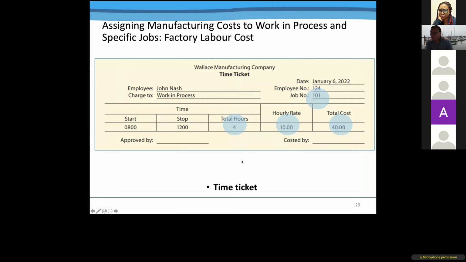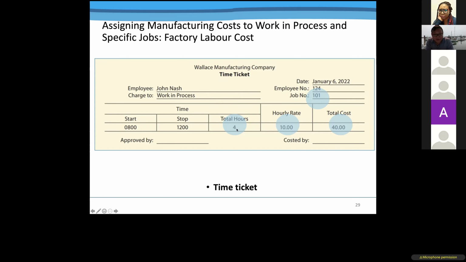Then for labor cost, this is a time ticket. The workers report the amount of time they spend on the job. So on January 6, 2022, the same day, this person called John Nash worked on job number 101.